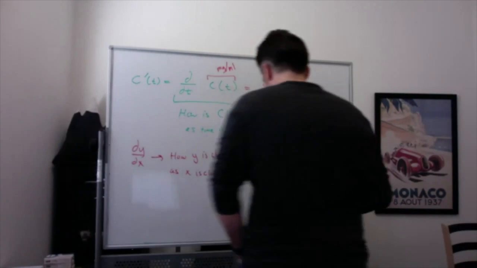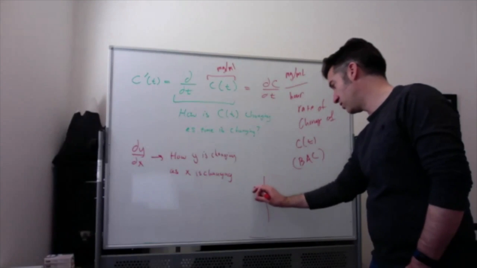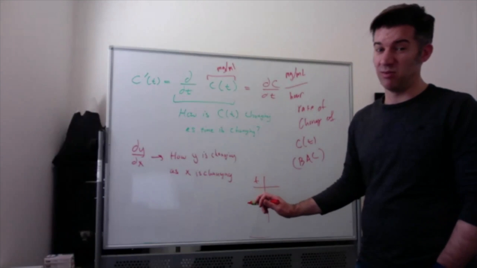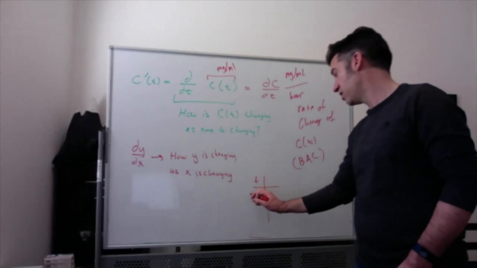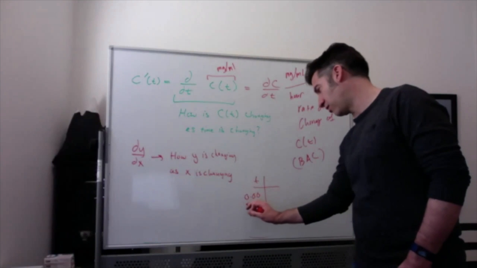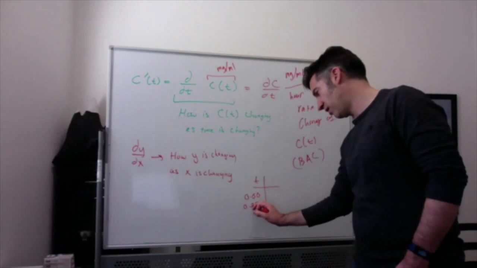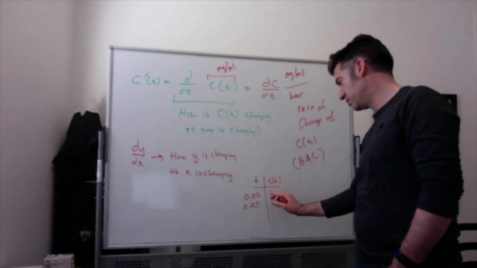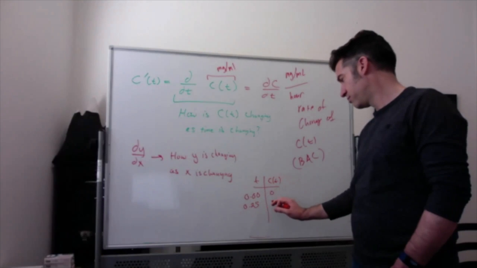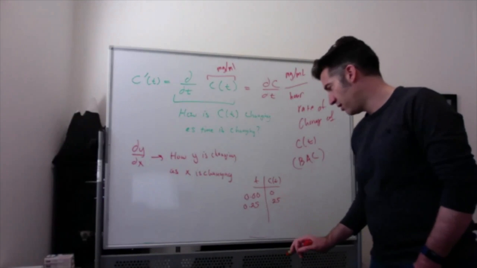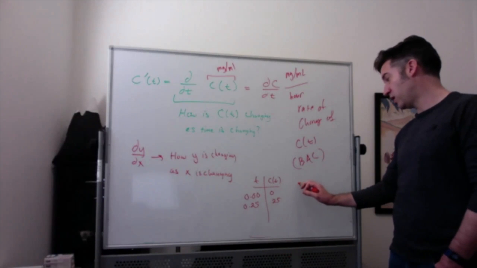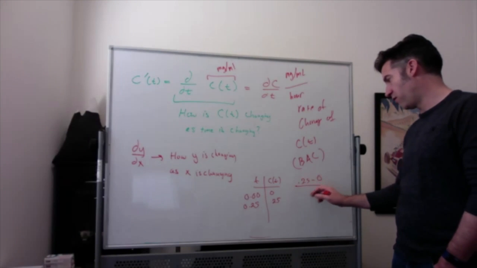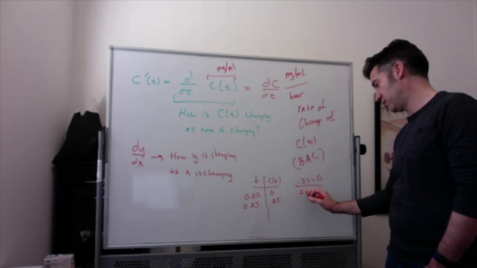Let me talk about the first one. I'm going to assume it's really supposed to be 0.25 hours. If you go from 0 hours to 0.25 hours, and your blood alcohol concentration goes from 0 to 0.25, then your rate of change is 0.25 minus 0 over 0.25 minus 0, which seems kind of dumb.